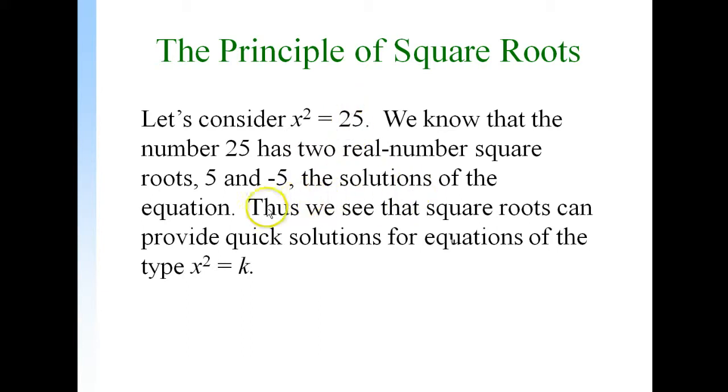Thus, we see that the square root can provide quick solutions for equations of the type x squared equals k, where if k is a perfect square, it's going to be the plus and minus of the square root of that.